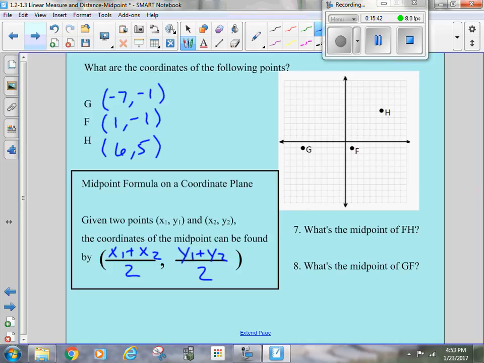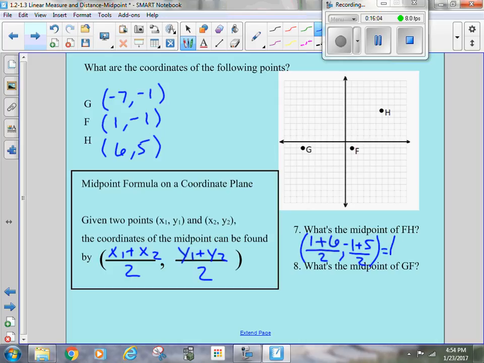So the midpoint of FH is going to be at 1 plus our 6 divided by 2, and then our -1 plus our 5 divided by 2.